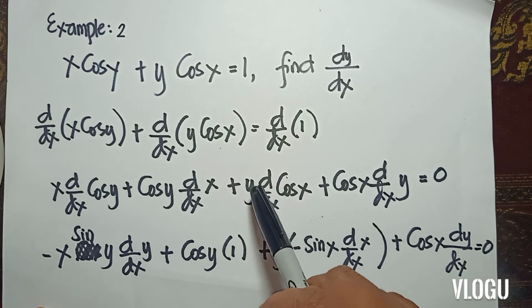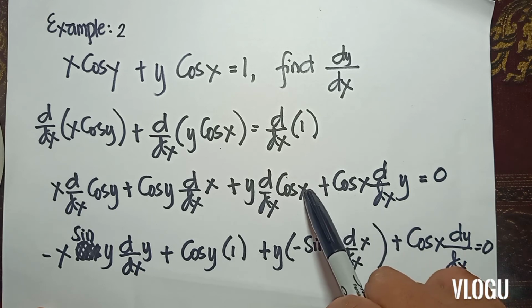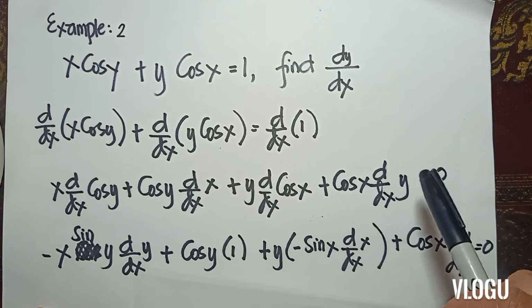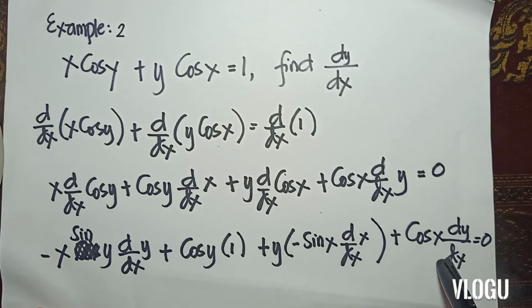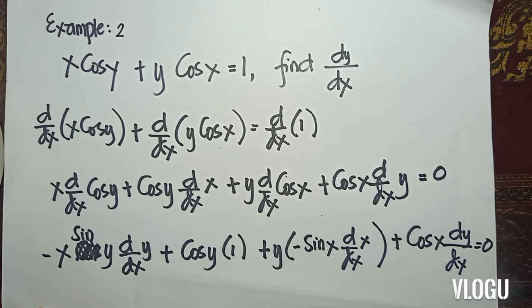So we have y times negative sine x, dx over dx, plus cosine x dy over dx.